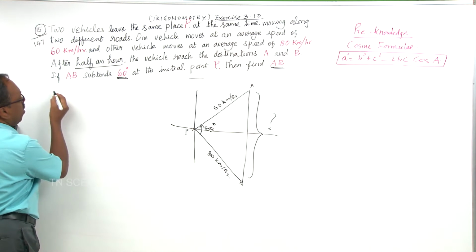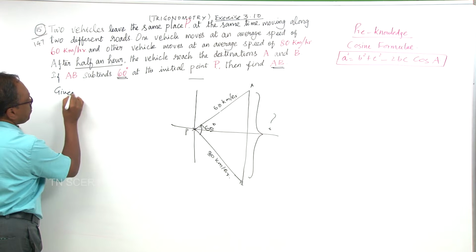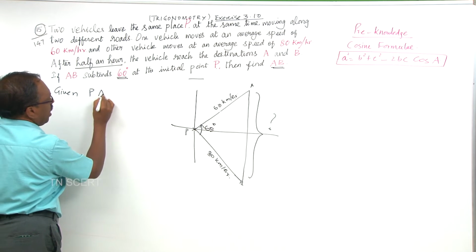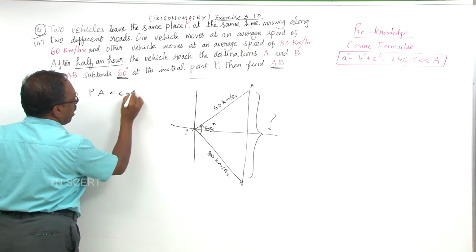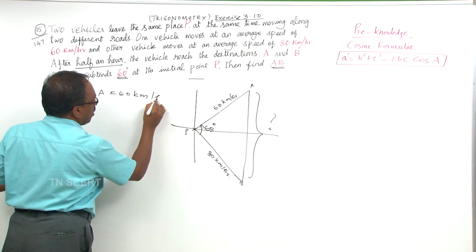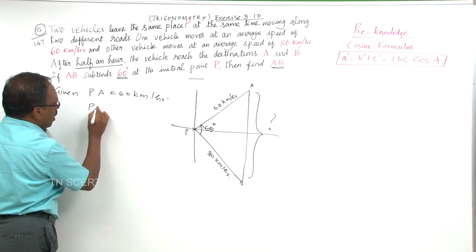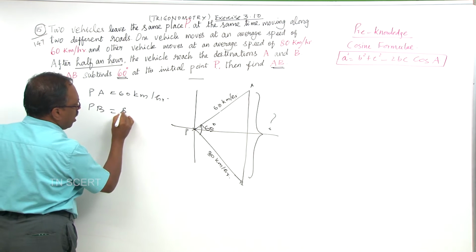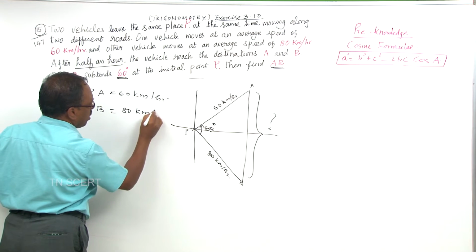So here, what is all the given data? P to A is 60 km/h and P to B is 80 km/h.